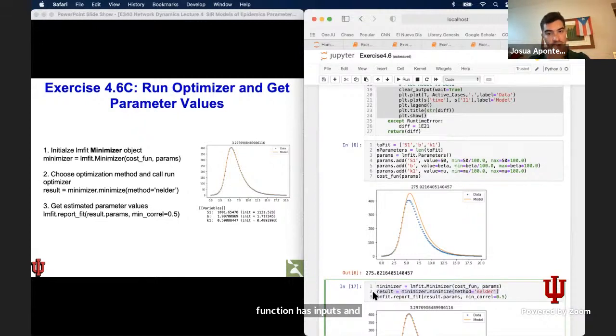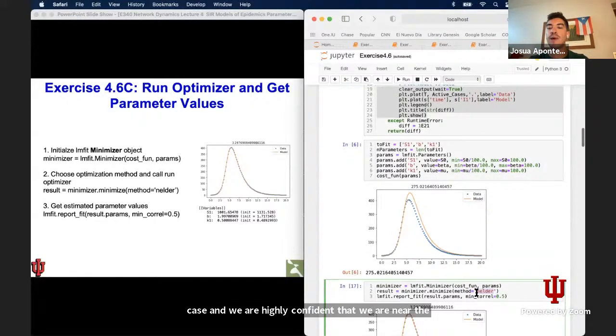And then I use this call to actually run the minimizer, and I have to specify what method. Remember, I was explaining earlier that some methods do local searches and some other methods do global searches. In this particular case, we're using a local search because, even though we don't have the exact values of the parameters, we have a pretty good guess, and we are highly confident that we are near the real values of our parameters.